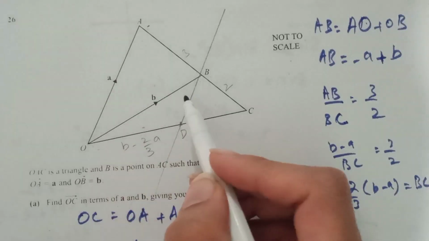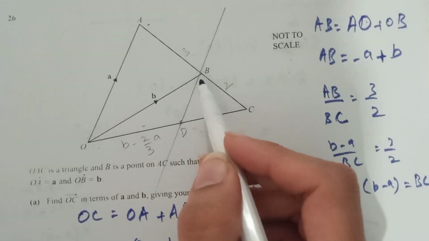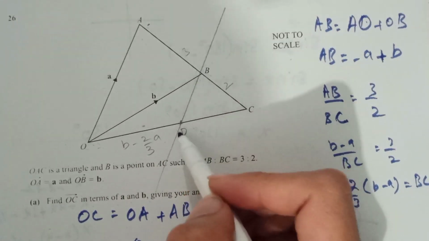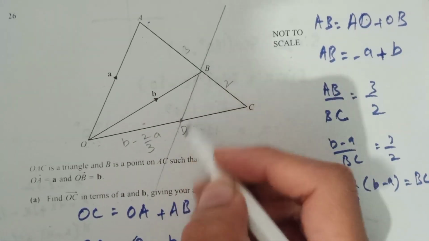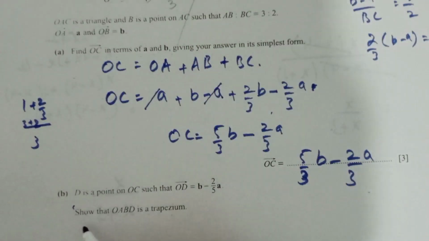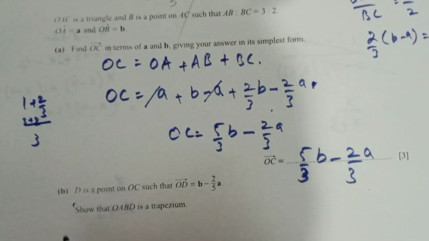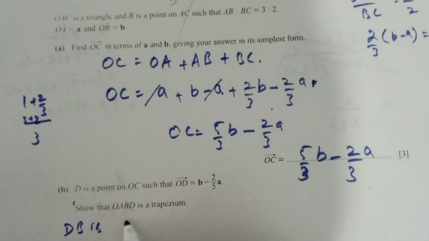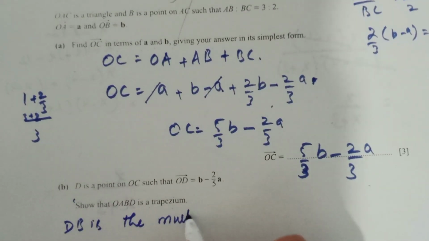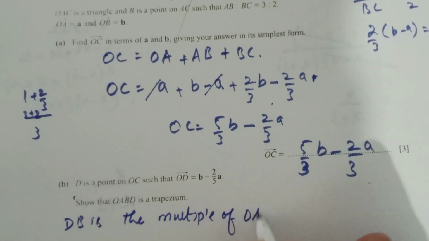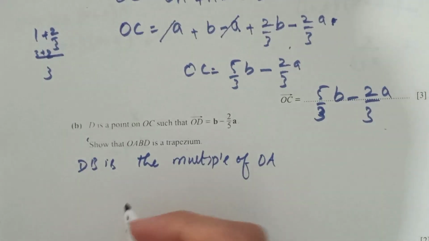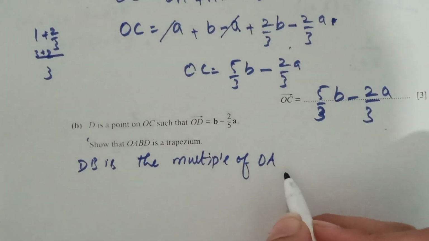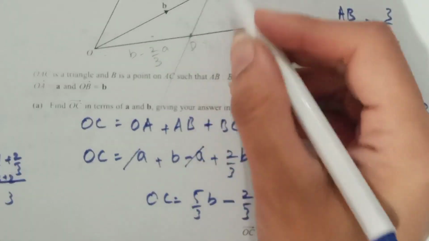We have to prove that both lines are parallel, that is, that DB is a multiple of OA. First we have to find the value of DB.